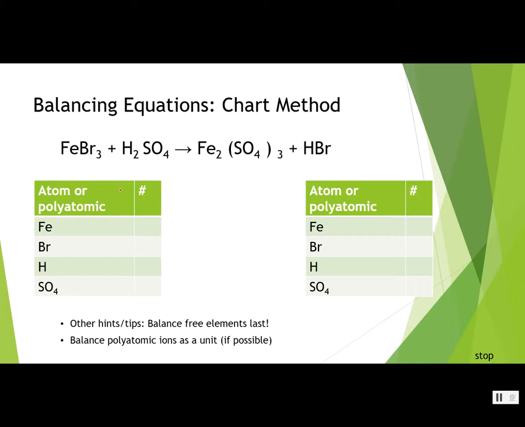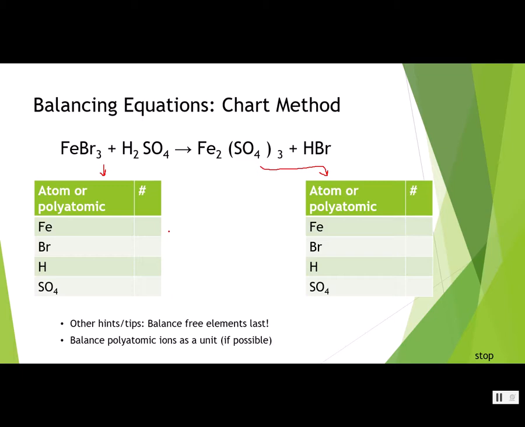And so I wanted to show this as an illustration for how to balance a chemical equation using a chart method. So what I have done is, for each side of the reaction, for the reactant side and the product side, I've written a little chart that lists the atom or the polyatomic ion that's present. And then I have a column for where I can put the number of that species that is present.